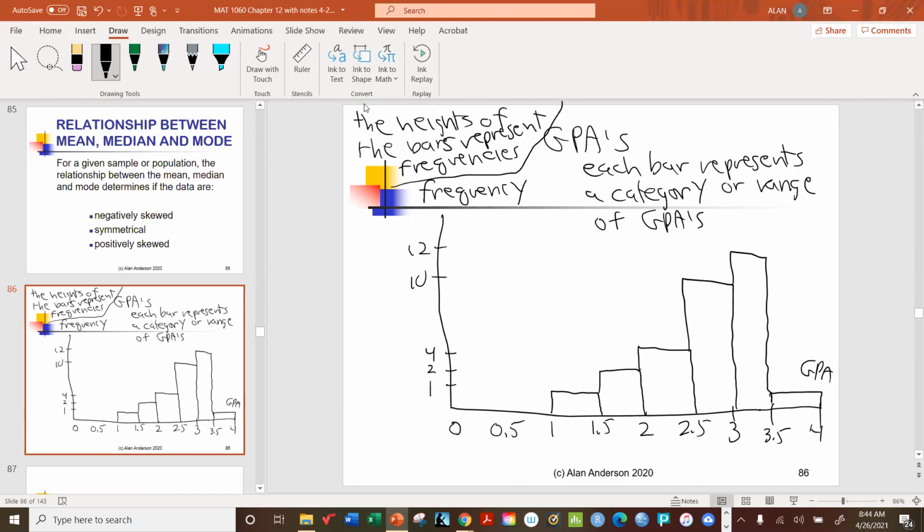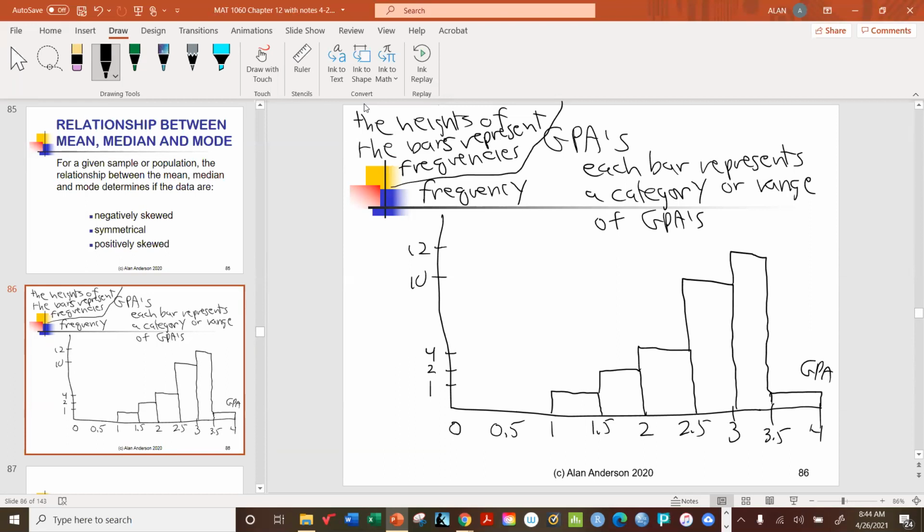So in other words, we can tell by looking at the bars how many people fall into each of these categories without having to see the actual numbers. This nice little graph tells us most of the students are between 3 and 3.5. A smaller number are between 2.5 and 3, and then it falls off quite a bit down to these lower ones. And then there's one person way up here in 3.5 to 4.